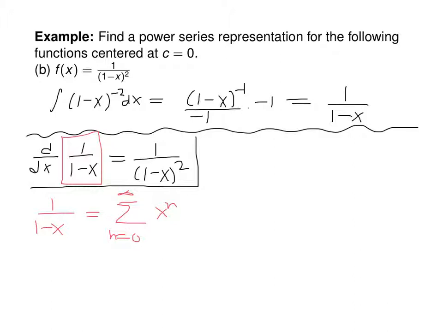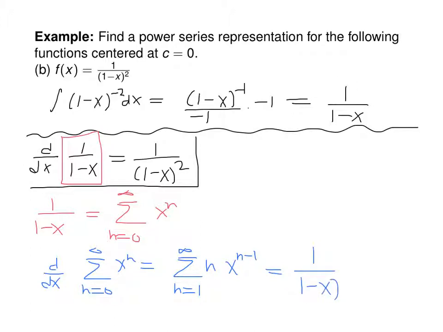And then I will differentiate it. So the derivative of this series is the sum from n equals 1 to infinity, n x to the n minus 1. And that is equal to 1 over 1 minus x, the quantity squared. And the radius of convergence will be 1.